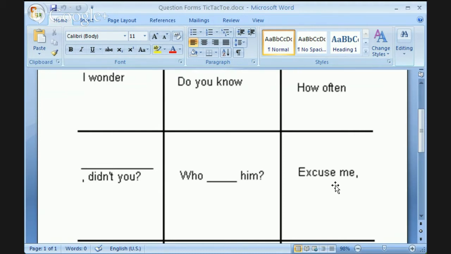Excuse me very often precedes a polite question, obviously. Usually spoken to a stranger, someone we don't know. Excuse me has rising intonation, then the comma in this phrase. Excuse me, can you tell me how to get to the bank? Okay, Ruben, you did a very good job with the intonation.